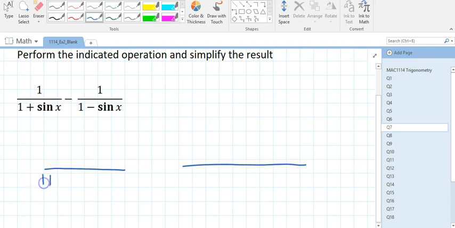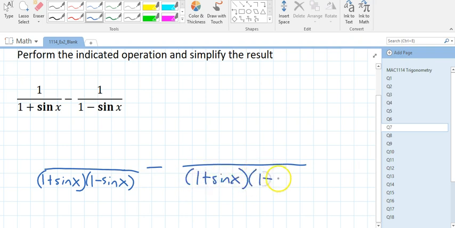You need a 1 plus sine x and a 1 minus sine x. So here's the denominator I have, which is 1 plus sine x.